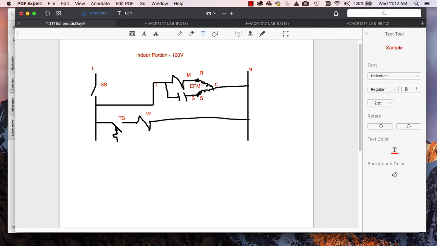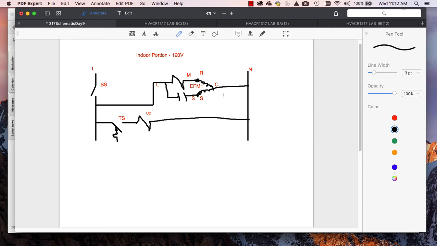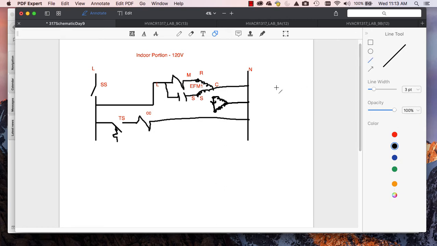Okay, so I have my 120 volt evaporator fan 1. Now, let's go ahead and draw in my evaporator fan 2. This one is easy. This is a PSC motor. No start component needed, because all I have in here is my run cap. And we're going to go ahead and just feed it with power from there.